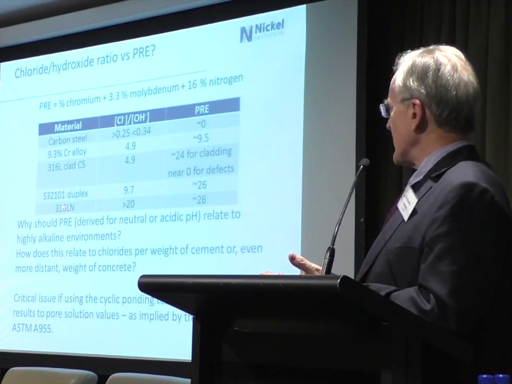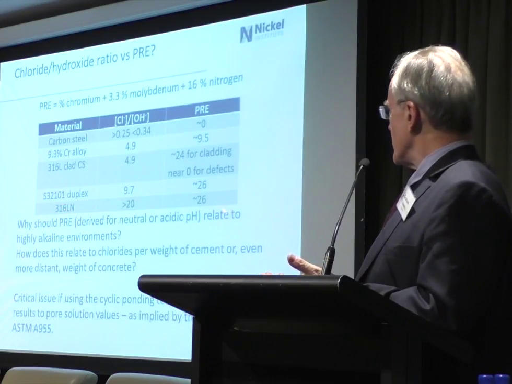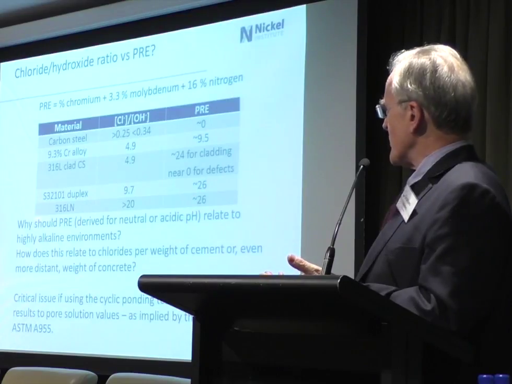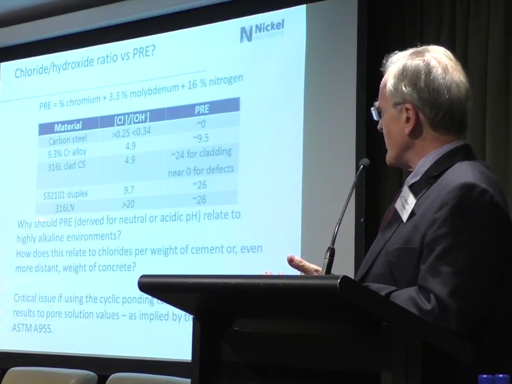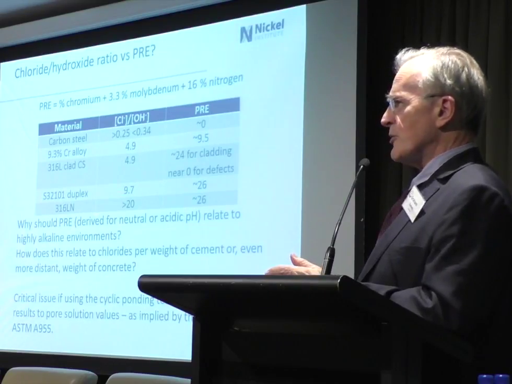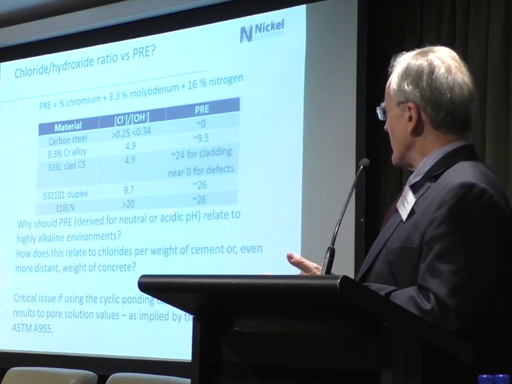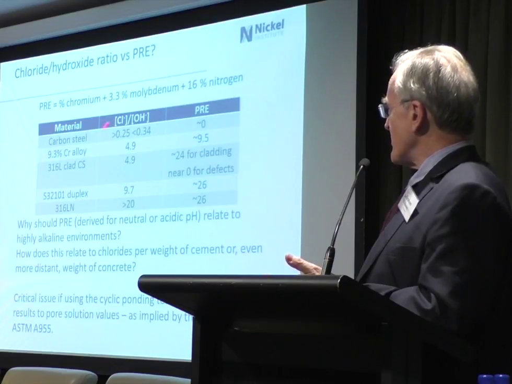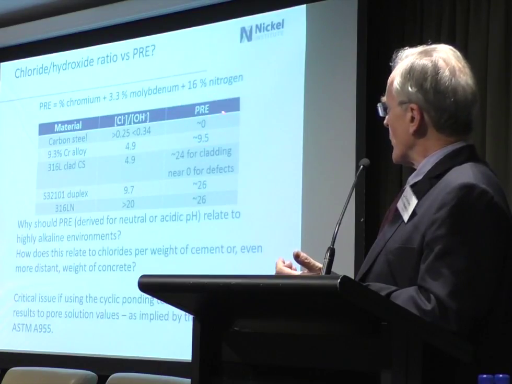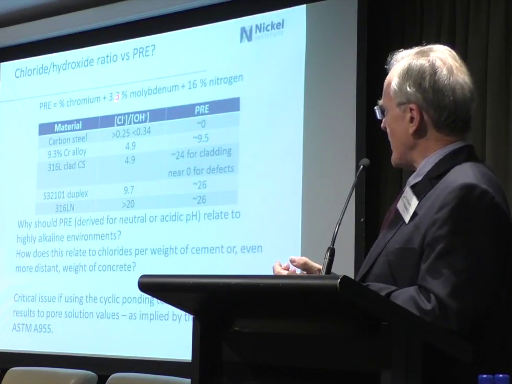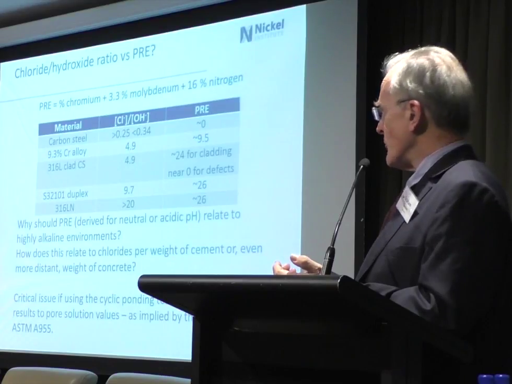And 316 LN, greater than 20, and 26. So this has actually been pickled, so this is showing up reasonably the same sort of thing. But there's a real disconnect between expecting a neutral or acidic chloride test to predict what's going to happen in a highly alkaline environment.